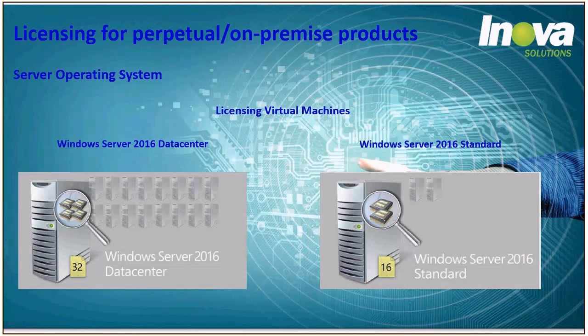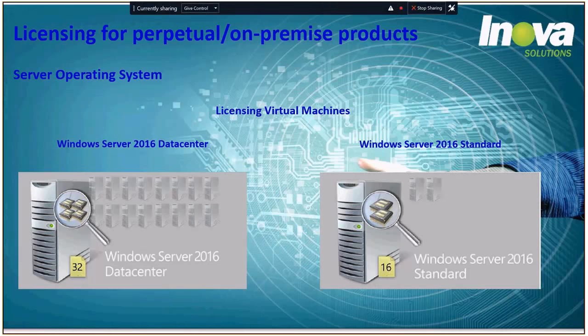Now, how are we going to license virtual machines? Many organizations or IT professionals think that virtualized server solutions ease management and reduce hardware costs. It does reduce hardware cost. However, it doesn't necessarily reduce your licensing cost. So you have to take into consideration your whole virtualized environment to see which is the best way of licensing your virtual machines.